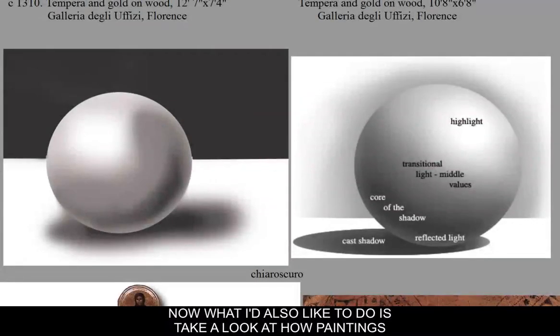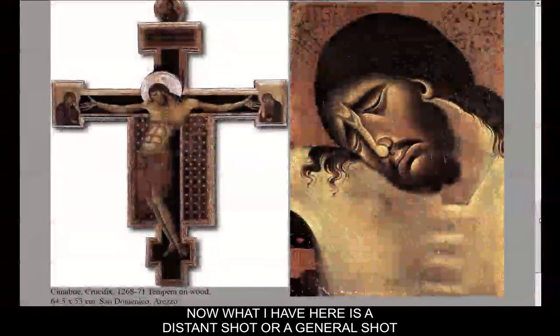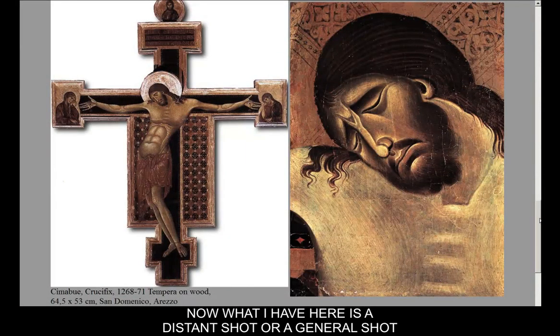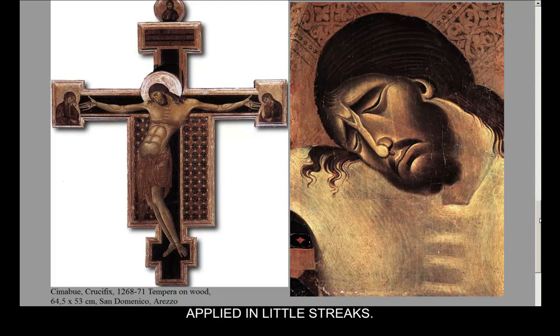Now, what I'd also like to do is take a look at how paintings were made and the quality of painting, especially with the kinds of mediums that they're using. Now, what I have here is a distant shot or a general shot of Cimabue's crucifix, and it's painted with a paint called tempera, which is basically egg yolk mixed in with some ground up mineral pigments and then applied in little streaks. And you can see how streaky it is in the right hand, the detail shot of this.